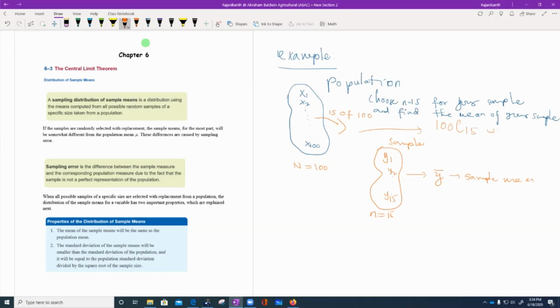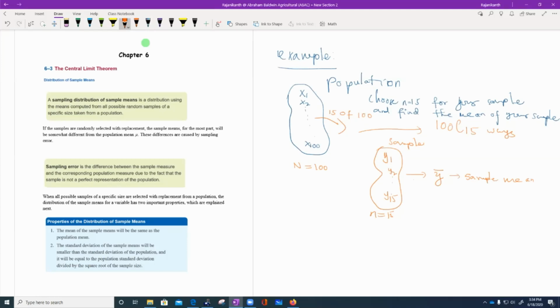So you will have plenty of possible samples, and you are choosing only one. For each possible sample among these 100 choose 15, you could find a y bar like this. That y bar will change, right? That depends on your sample.